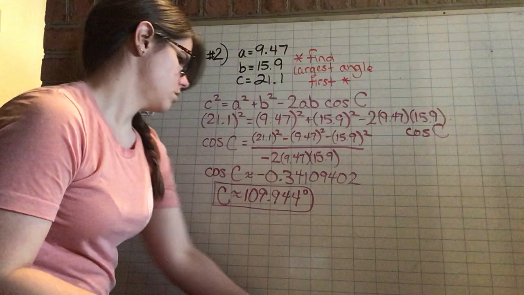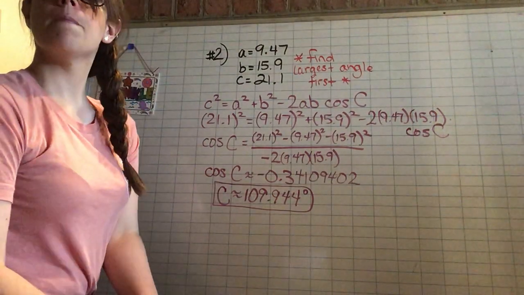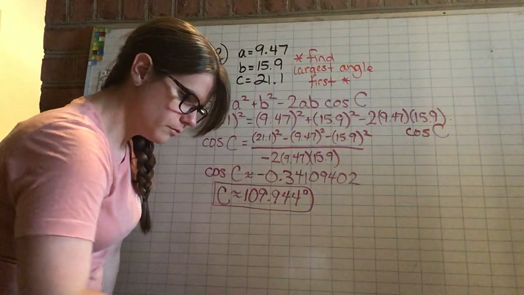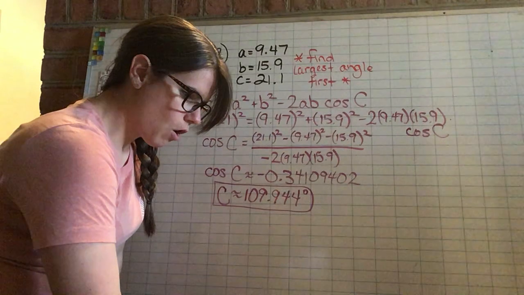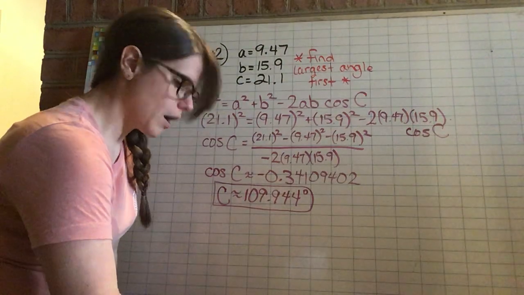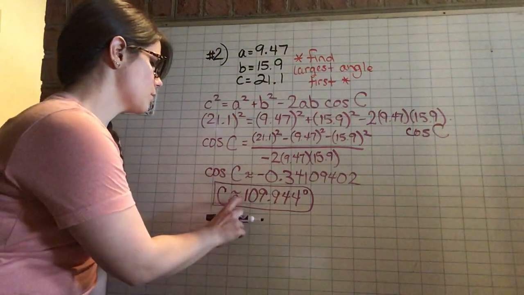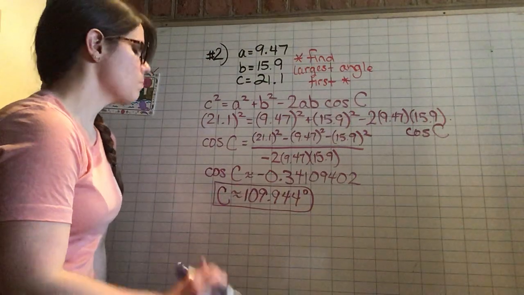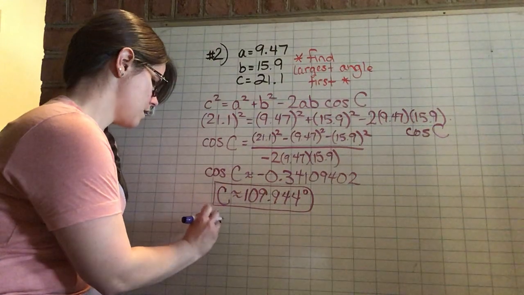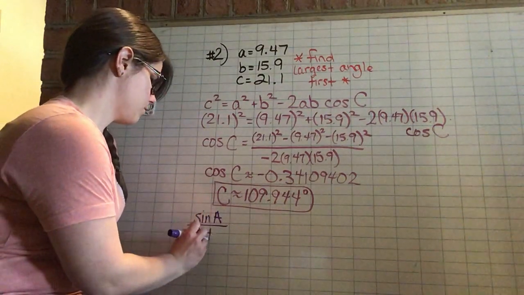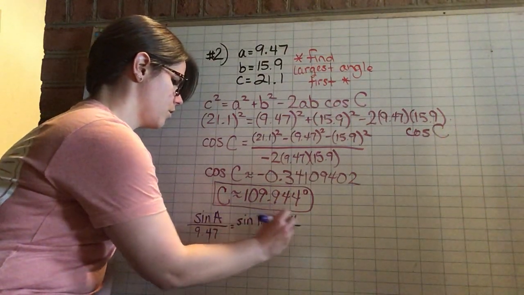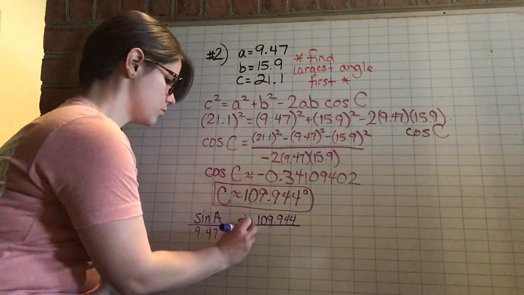So now I'm going to solve for the smaller angle. Let's get in good practice of doing that, although in this case, because we already found the larger one, it doesn't really matter. I'm going to do sine of A over 9.47 equals sine of 109.944 over my C value, which is 21.1.